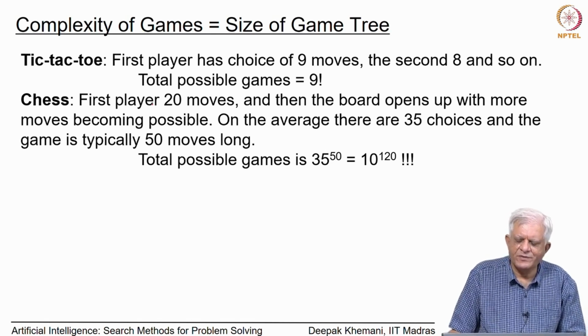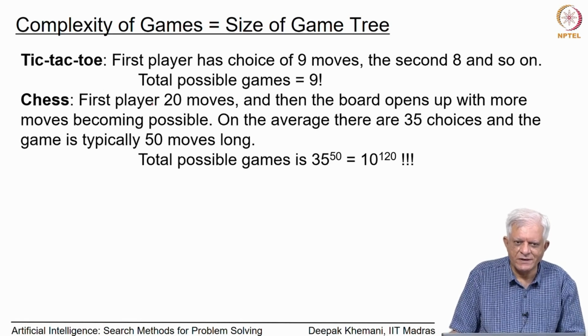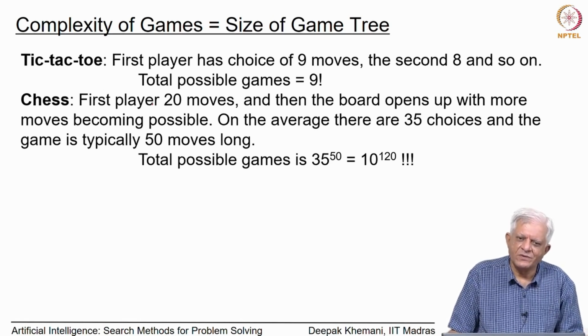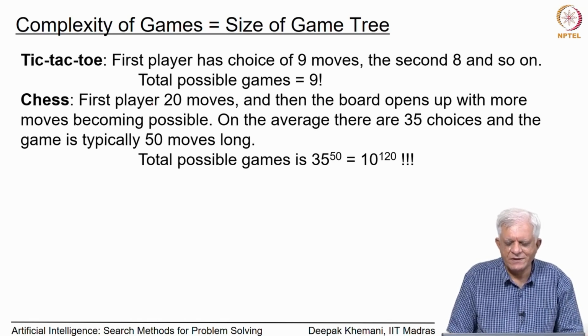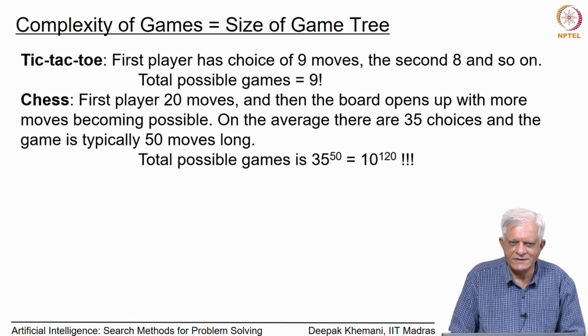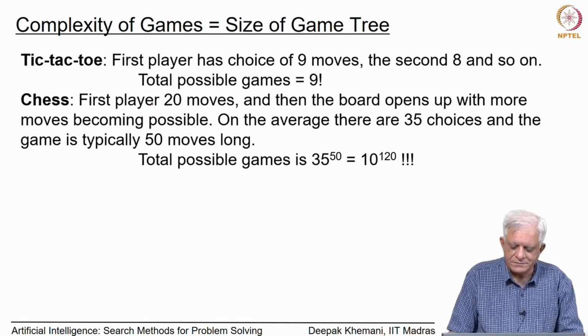Any program which searches the entire tree will have to consider all possible 20 moves. So, human players do not tend to do that, we always go through a process of learning in which we figure out that certain openings are good, and in fact, there are books available on chess like modern chess openings, which tell you what are the different kinds of openings that have been used by good players.